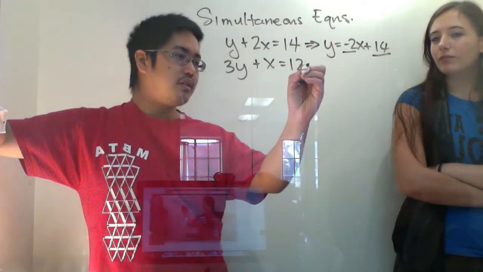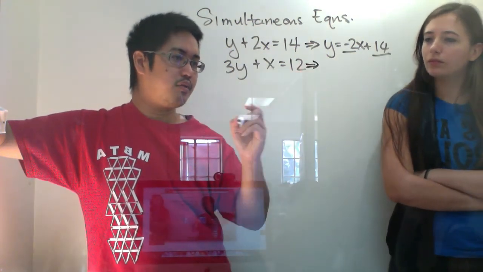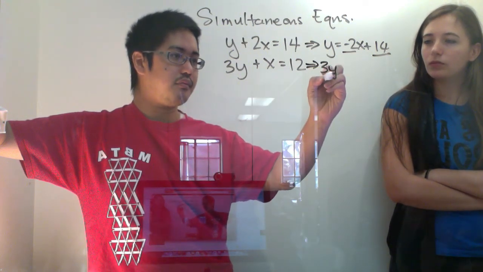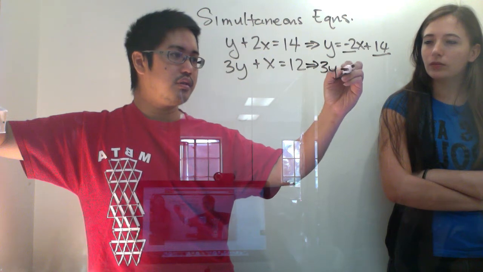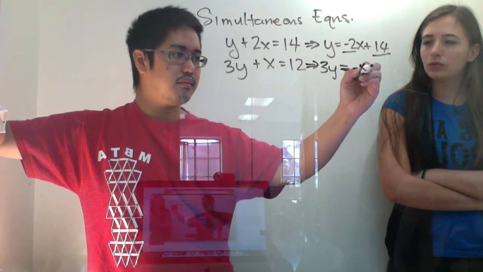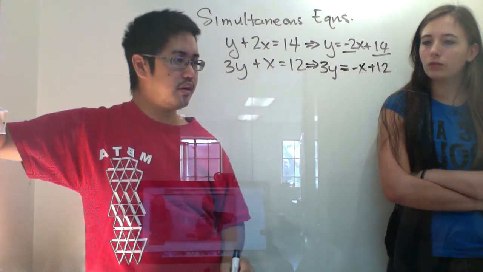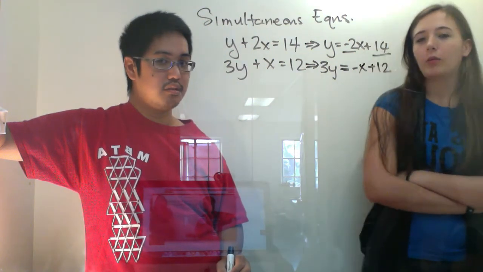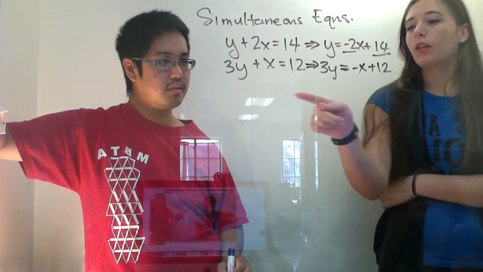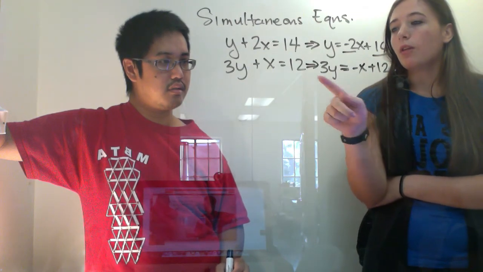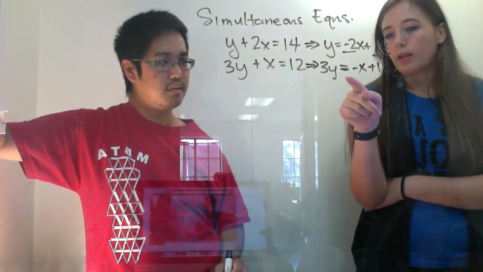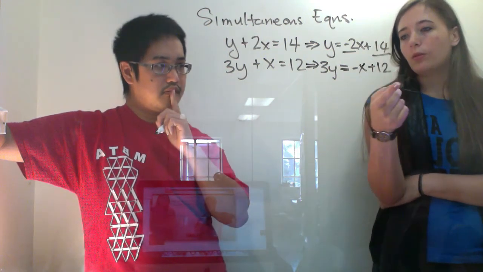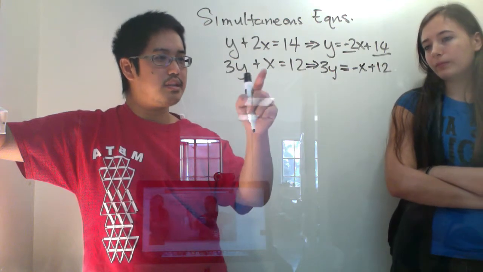If it's all right with you, I'm going to do two steps over here. I'm going to say, all right, well, 3y equals negative x plus 12. Did you see what I did there? What did I do? I didn't necessarily change the plus to an equal sign.